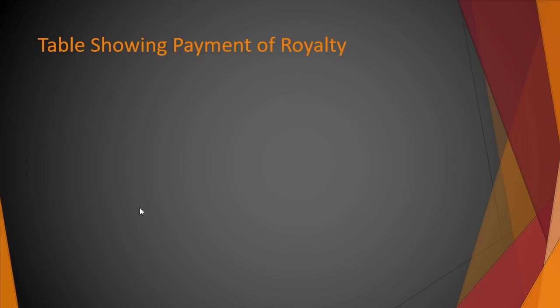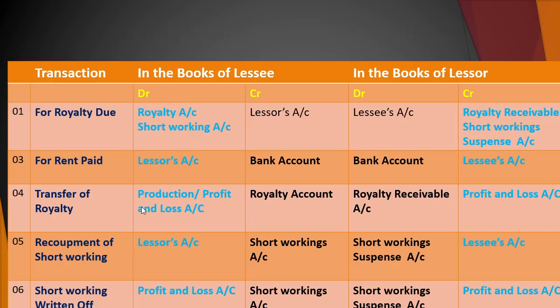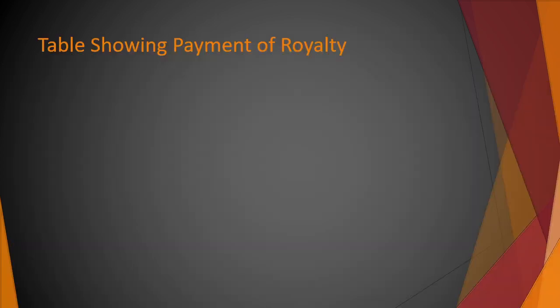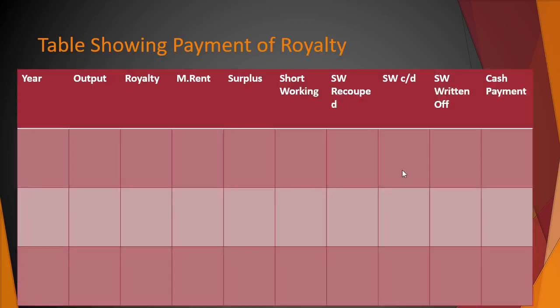So hope you understood the journal entries in the books of lessor and lessee, with minimum rent account and without minimum rent account. Along with these things, we need to prepare a table for royalty calculation. So this table consists of these columns.